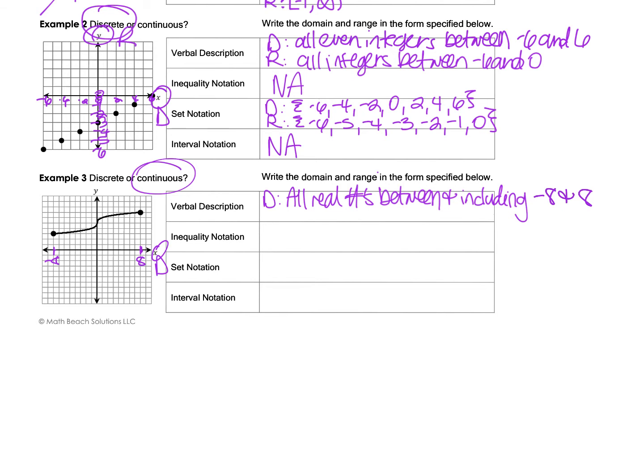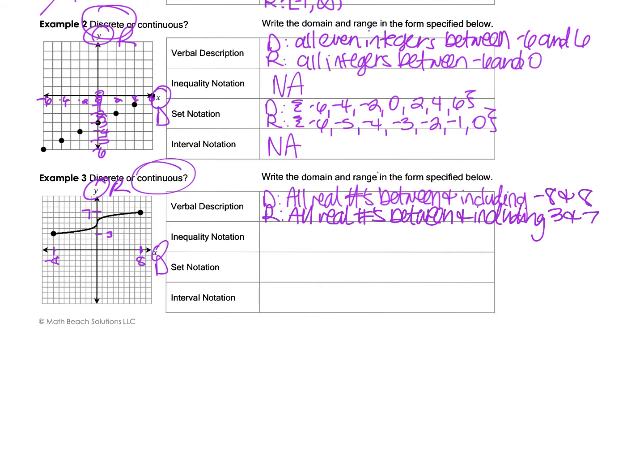Okay, so then looking at the range, so looking at the y-axis, so go down, that's going to be right here, so that's a 3, and it goes all the way up to this mark, which is a 7. So this is also including, so all real numbers between and including 3 and 7.